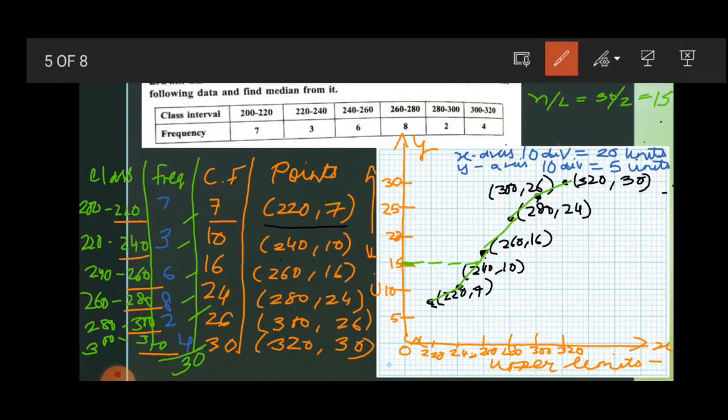And similarly from there, draw a perpendicular line to meet the x-axis at point 258. The perpendicular line intersects the x-axis, so median is 258.